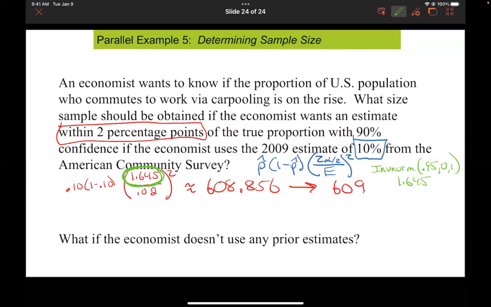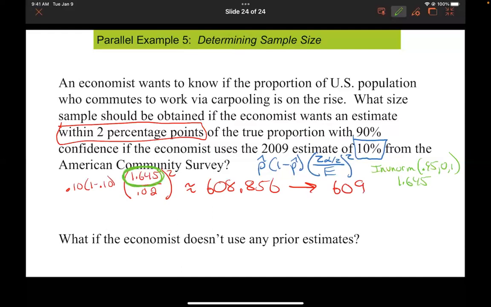I just remembered it from our last problem, where we had that, and I grabbed it from there. But if you didn't already have that, you can get it from either table 5 or from inverse norm. Other than that, are we okay?